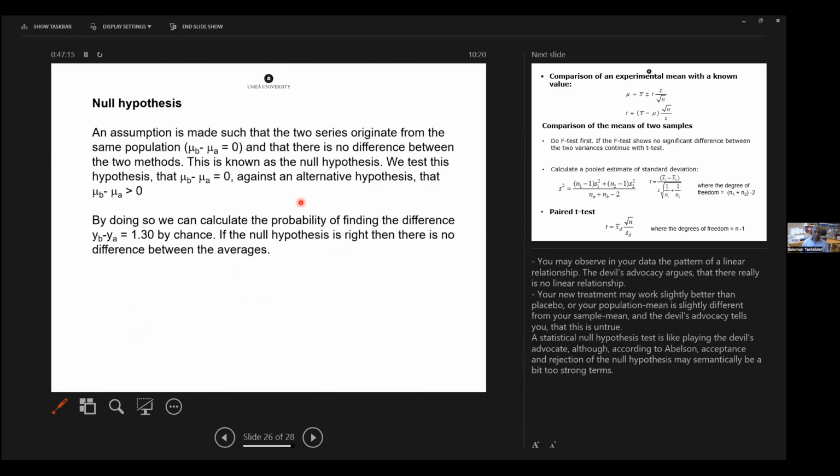And we have the null hypothesis. This is like the devil's advocate: there is no difference between the methods. Sometimes it can be good, it depends on what type of problems we are dealing with. Let's assume that we are dealing with organic synthesis, and we want to increase the yield from 65% to 75 or 80%.